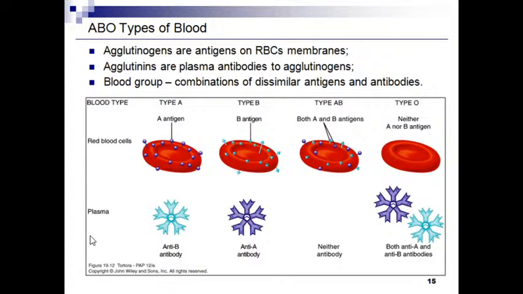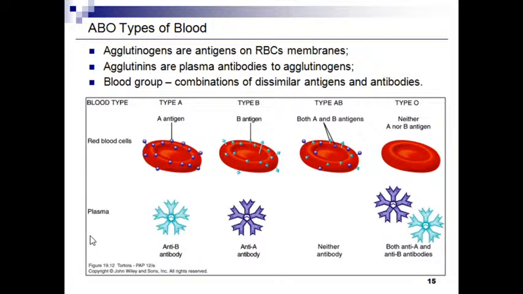If the erythrocytes contain antigen A, the plasma will contain antibody beta, anti-B antibody. Type B: if the erythrocytes contain antigen B, the plasma of the same patient will contain antibody alpha.